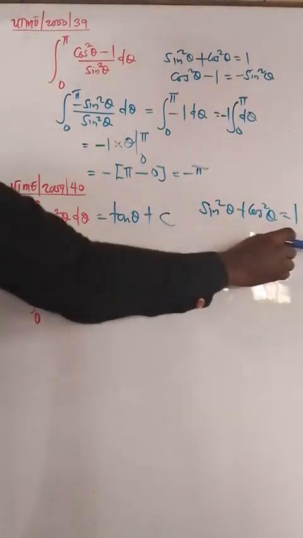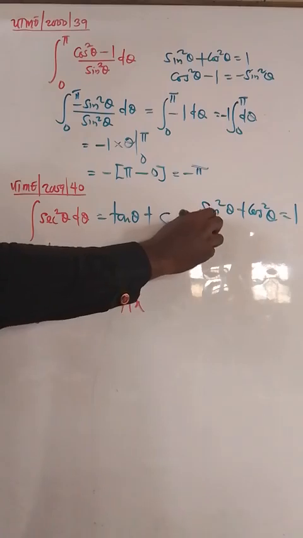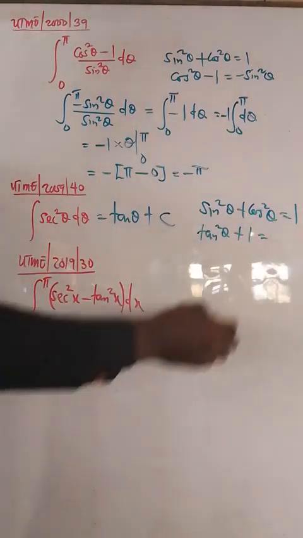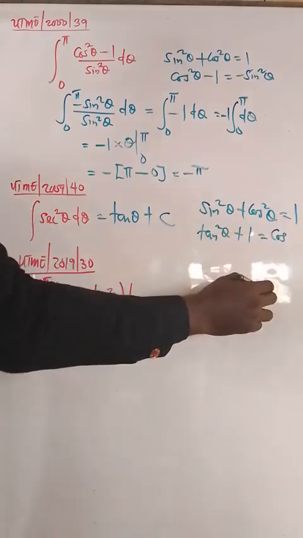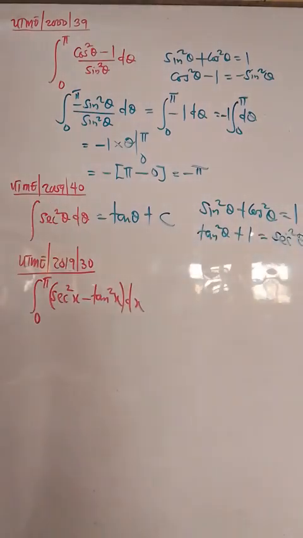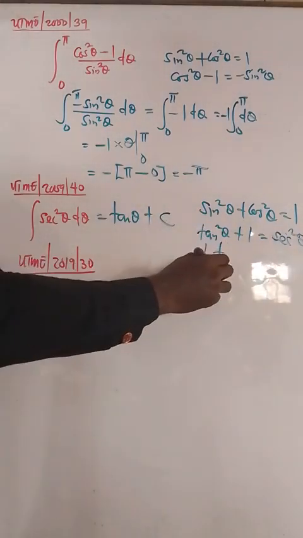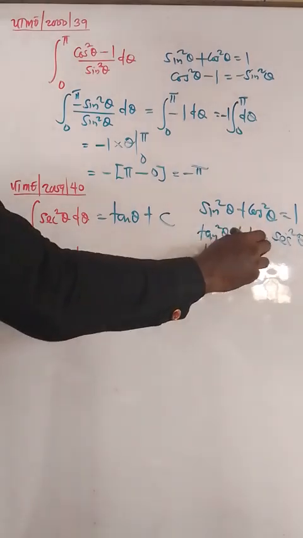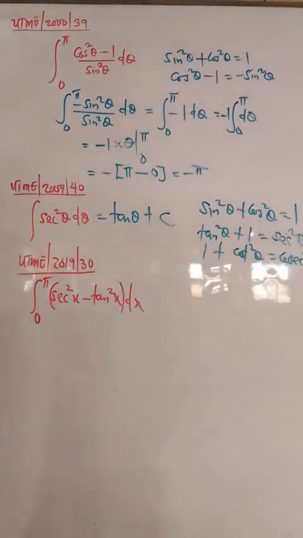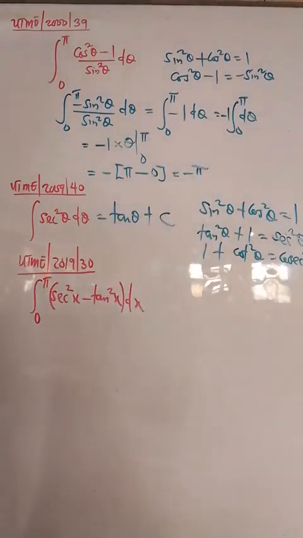If we divide through by cos square theta, this becomes tan square theta plus 1 equals 1 over cos square theta, which is sec square theta. And if we divide through by sine square, we have 1 plus cot square theta equals cosec square theta. So these are the three basic identities you should know.